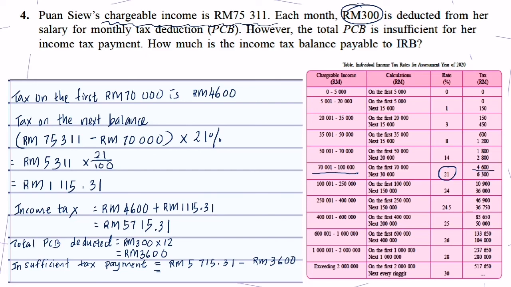RM 2,115 ringgit 31 cent. So Puan Siu need to pay 2,115 ringgit 31 cent to IRB.